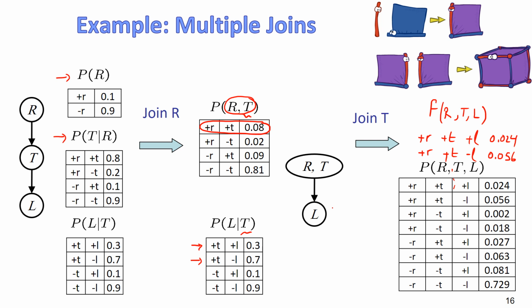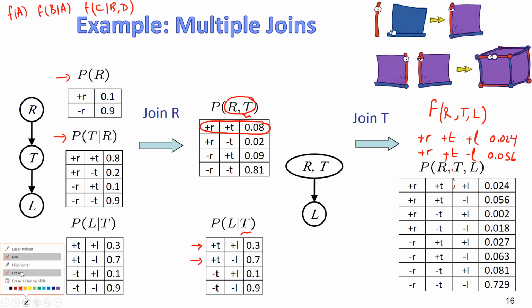What if we are joining on a variable, and we found out that the factors that involve that variable are more than 2? Let's say I have a factor of A, a factor of B given A, a factor of C given B and D. No, let me change this.